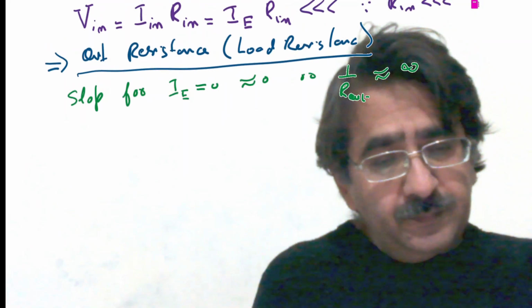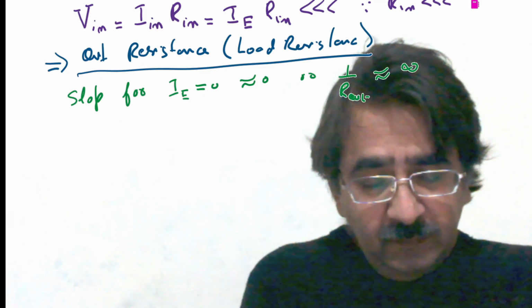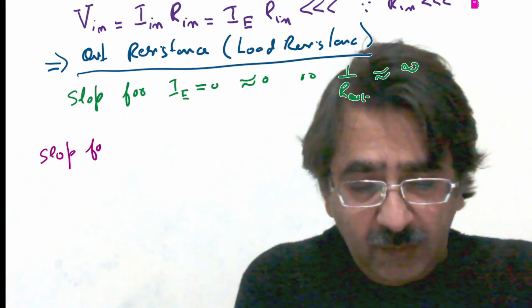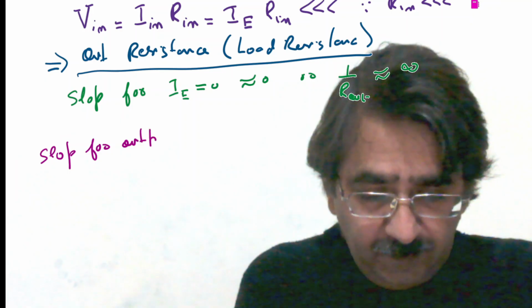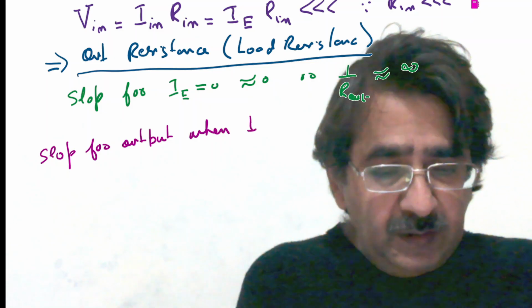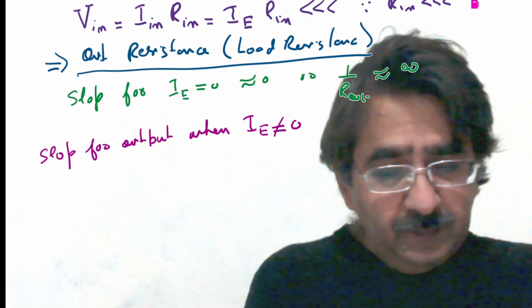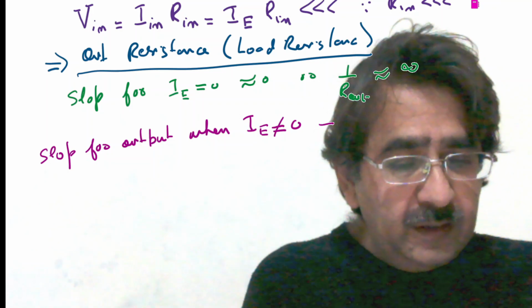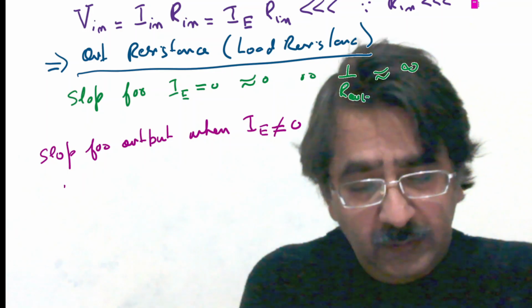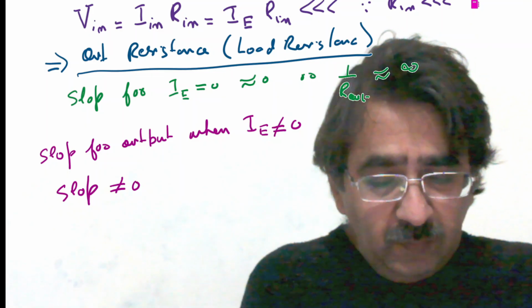So the slope for output when IE is not equal to 0 will also not be equal to 0.